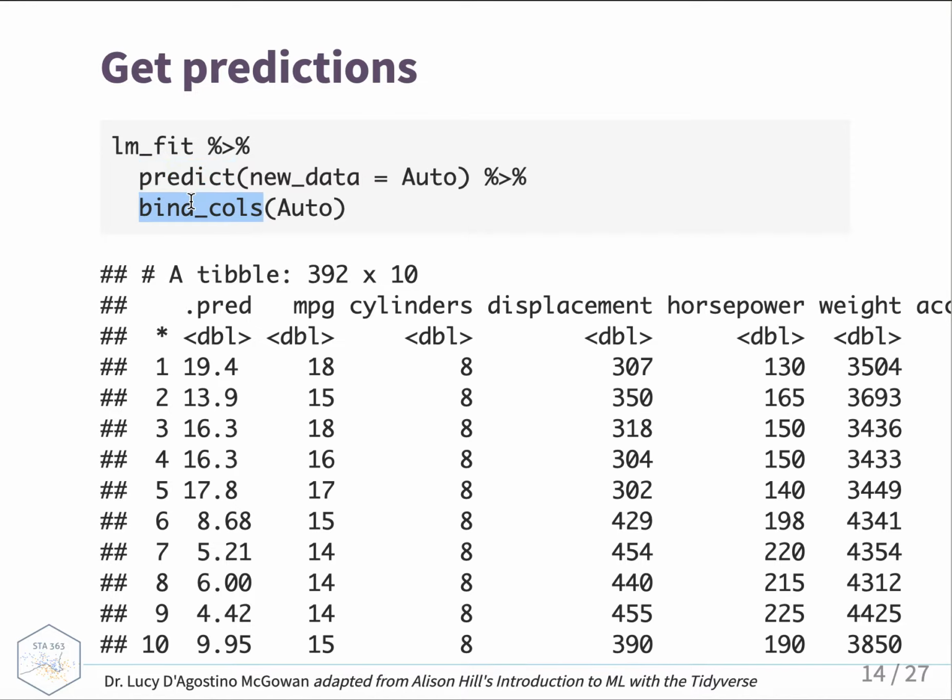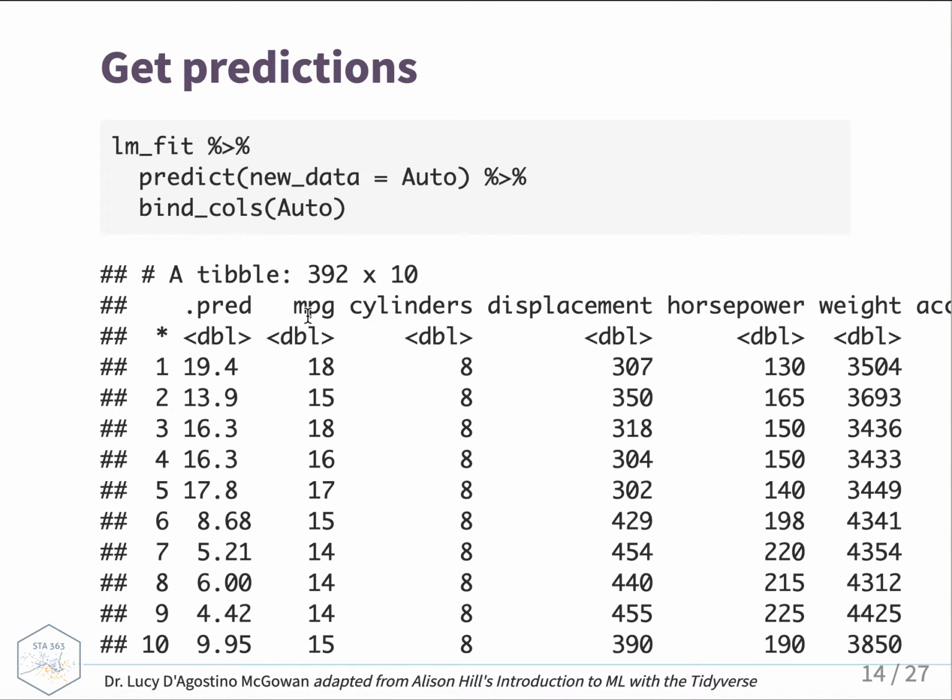And then I'm going to bind the columns, and so I'm going to bind the prediction data set that I just generated to my original auto data set so that I end up with one big data set that has the same number of rows as the original auto data set, 392, but now it has one extra column. So instead of having 9 columns, which are the columns of the original data set, we have 10 columns, with this .pred column being the new one, and this is the new predicted values.